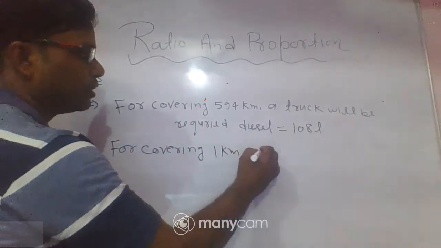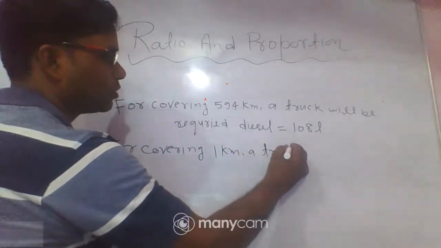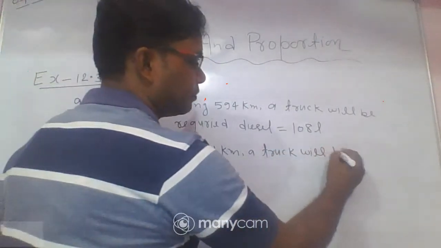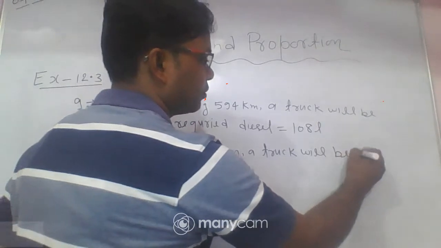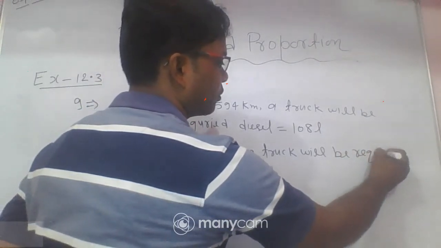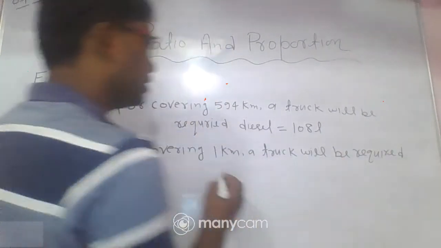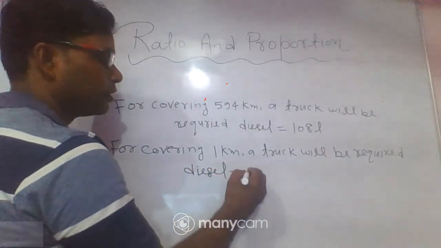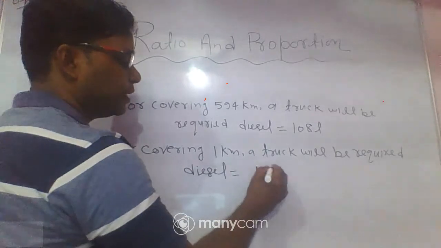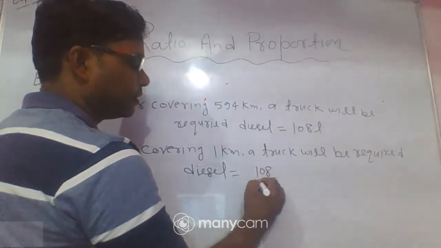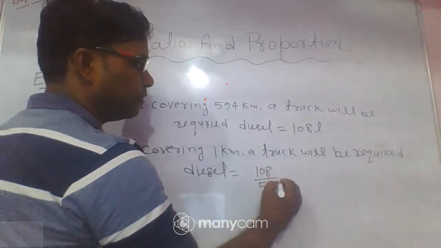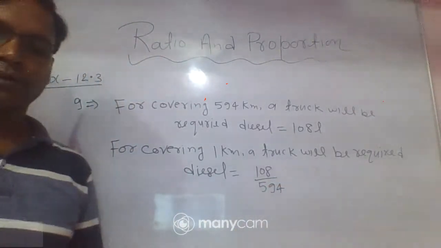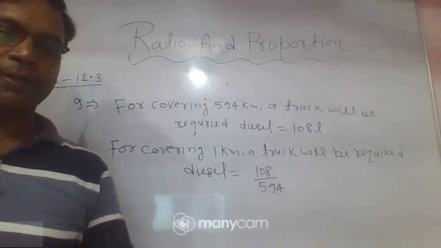For covering 1 kilometer, a truck will require diesel equal to 108 by 594.